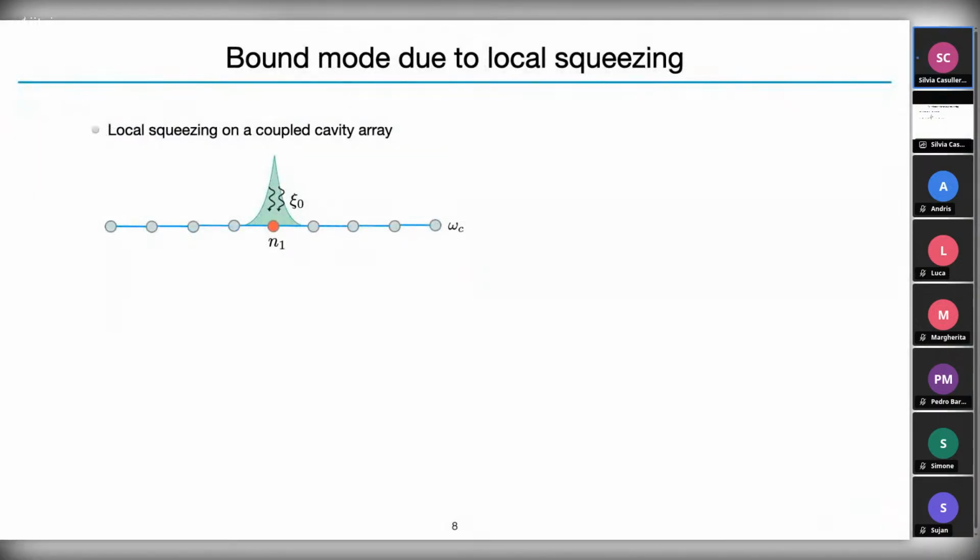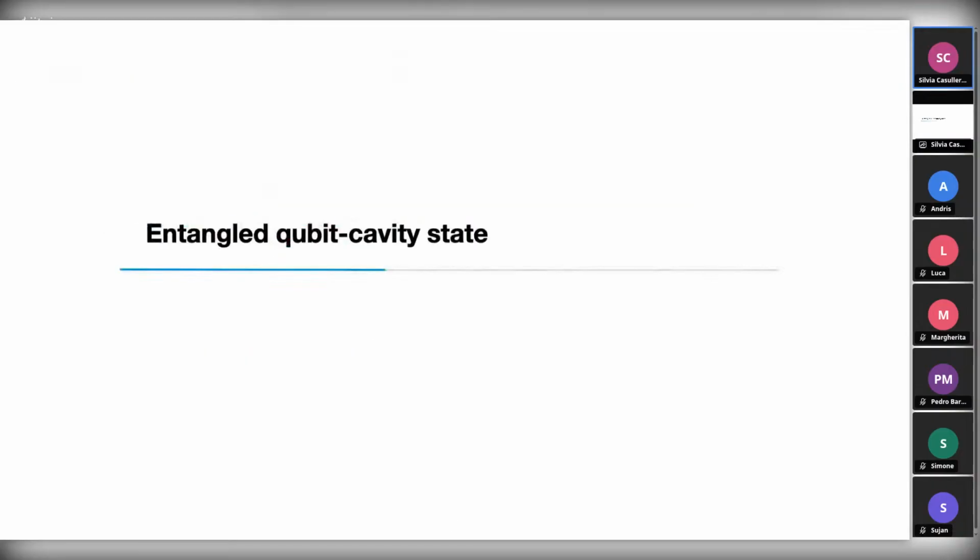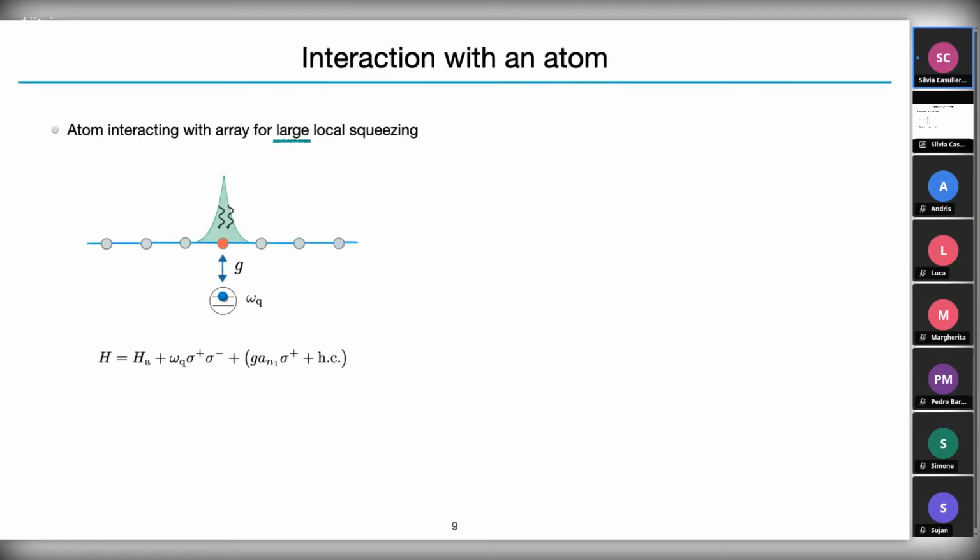If you're not interested, we then have this bound mode that we have found here. Another question is, what happens when we put an atom in the system? It turns out that you find an entangled state between the qubit and the atom, and the qubit and the cavity. This is when you are applying a very large squeezing in the cavity.